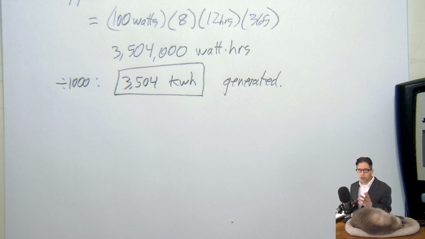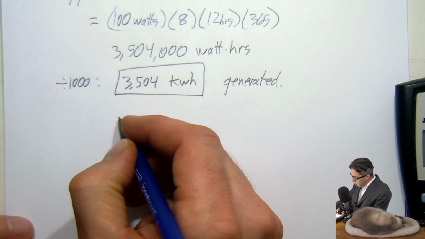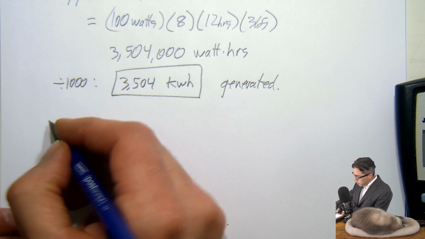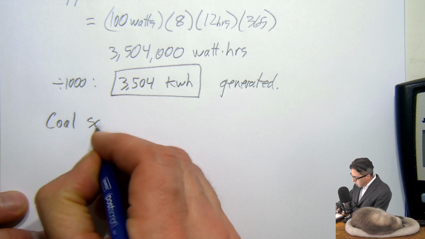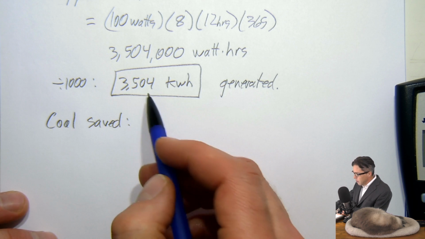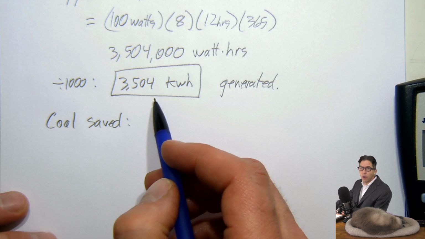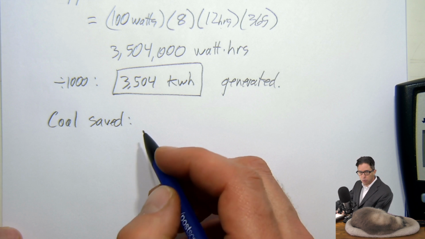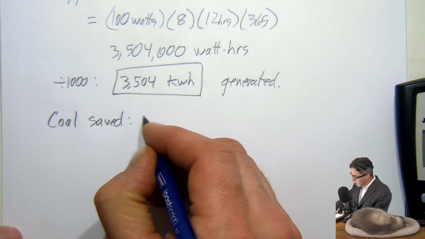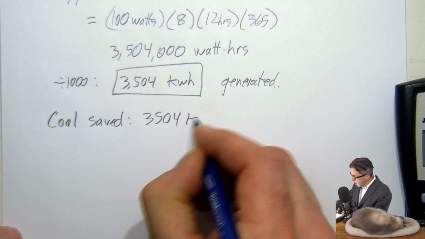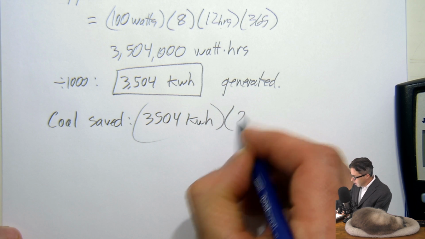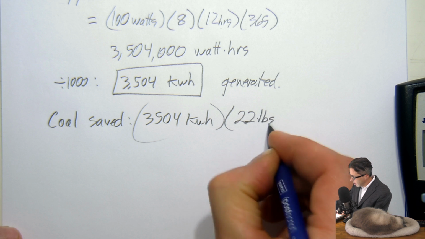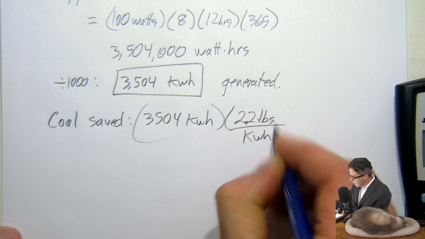Okay, so a question could be, how much coal did I save from burning? How much coal did I not have to burn, right? So remember, we'll do it in pounds. So coal saved is this. If we had to burn coal to do this, we would multiply this by 2.2. So it's the same kind of question. So 3,504 kilowatt hours, and it takes 2.2 pounds for every kilowatt hour.